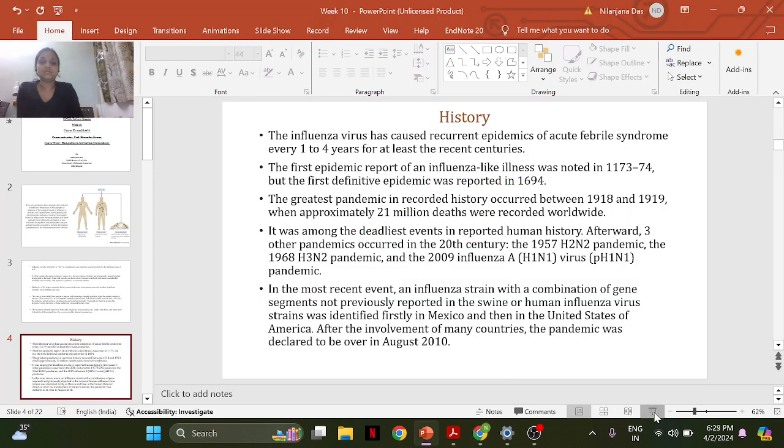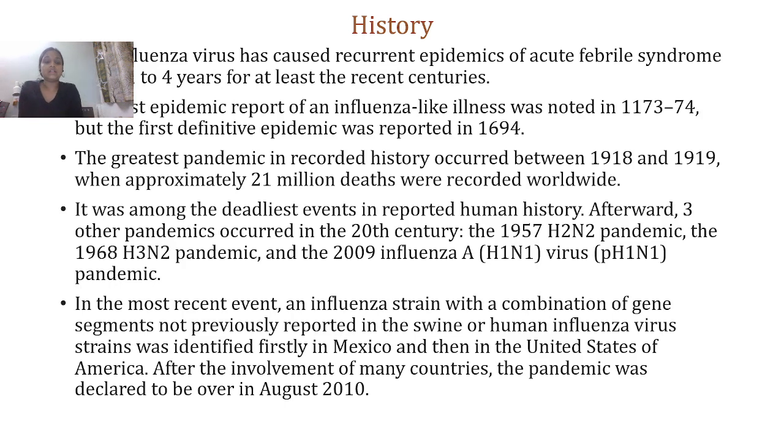So in the most recent event, an influenza strain with a combination of gene segments not previously reported in swine or human influenza virus strains was identified first in Mexico and then in the United States of America. After the involvement of many countries, the pandemic was declared to be over in August 2010.